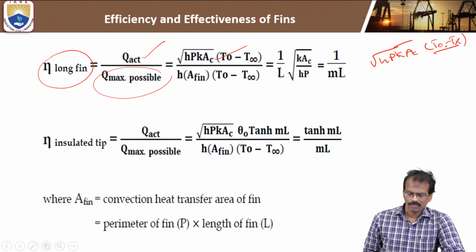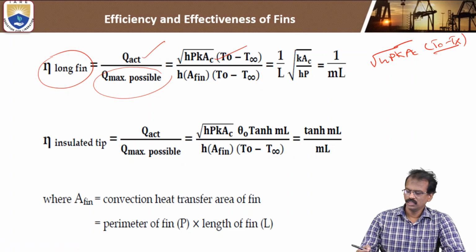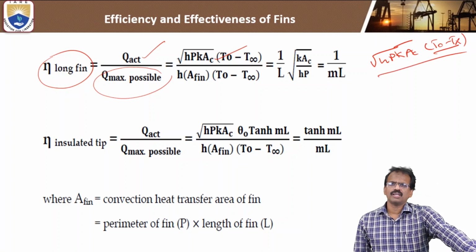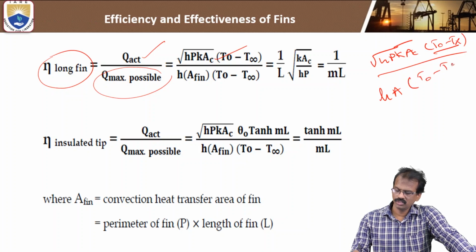The maximum possible heat transfer, according to the convection formula, is h A_fin into the temperature difference T naught minus T infinity.